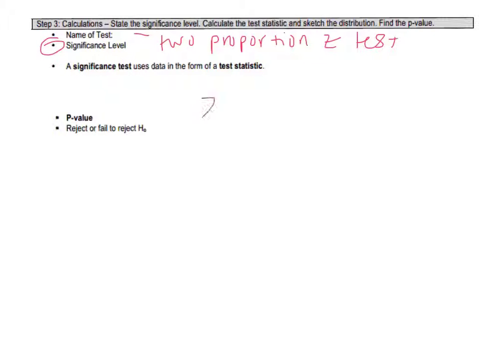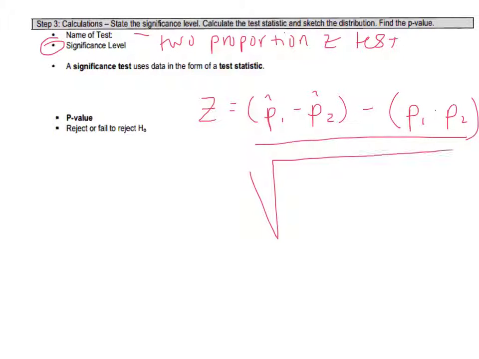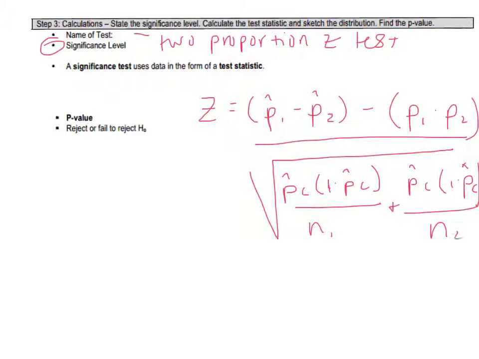Our test statistic, z, is equal to p hat 1 minus p hat 2 minus our population values, all over the square root of p hat c times 1 minus p hat c over n1, plus p hat c times 1 minus p hat c over n2.